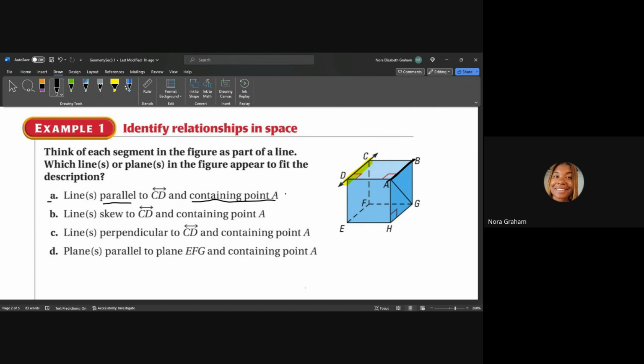So I can safely say that AB, and for a line, we use this indicator with the two arrows at the end on top to tell other readers that we are talking about a line. Another line that I can safely say is parallel to DC is line EF, because they share the same plane right here. So I can say EF.